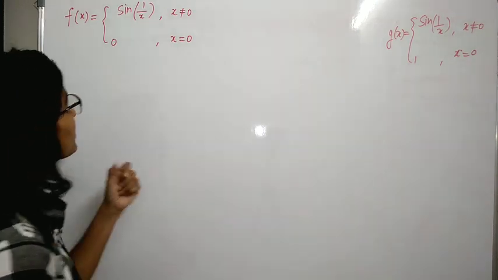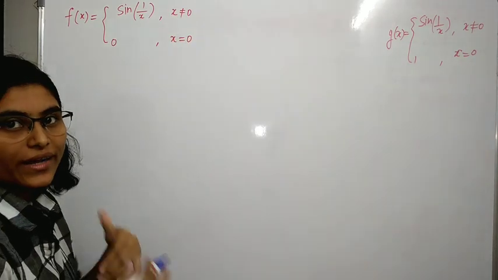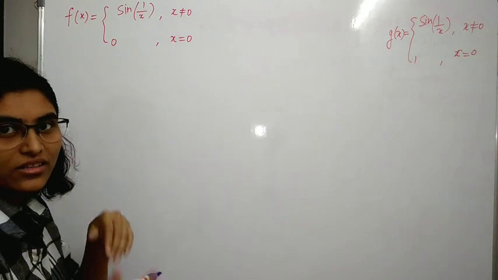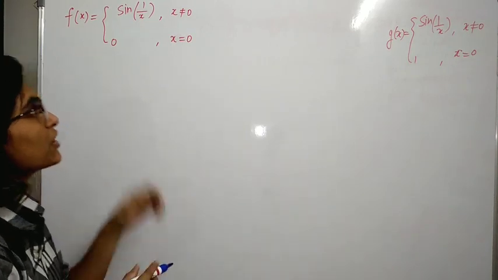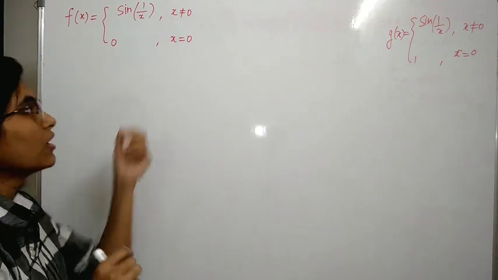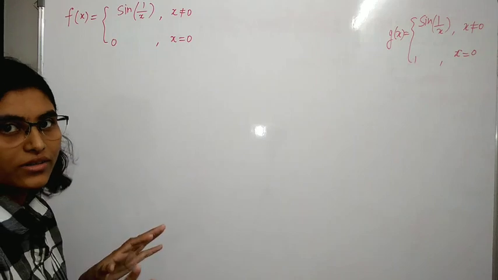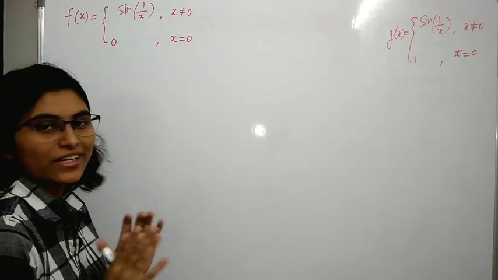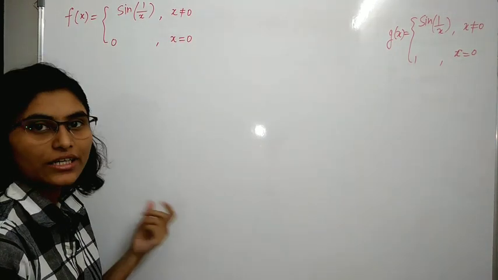Now just note that whenever we have x not 0, 1 upon x is continuous, and sine of 1 upon x is just a composition of two continuous functions, so it is continuous. So the only question is whether the function f of x is continuous at x is equal to 0 or not, right? So how to check the continuity of this function? There is an important criterion called the sequential criterion to check continuity.